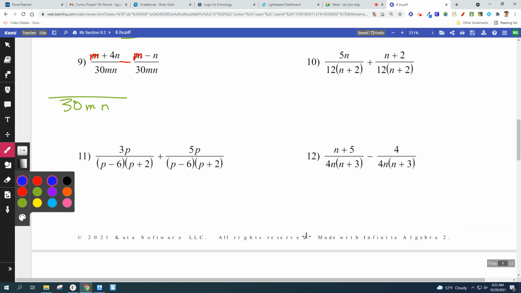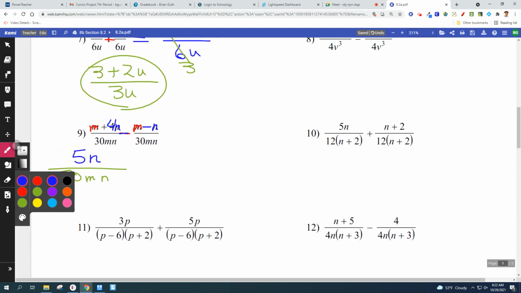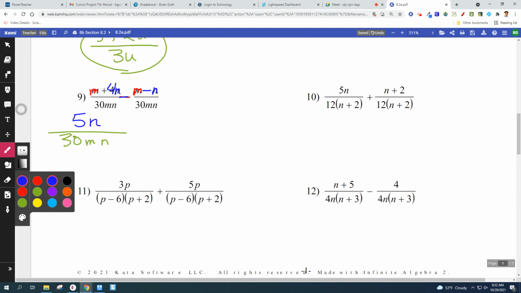Now be careful here. You've got 4n minus negative n. Right, that's minus negative. That's going to be plus, right? So 4n plus n is 5n. Now, since there's no plus sign or minus sign in my answer, I don't have to worry about weird factoring or weird canceling like I did on the last one.